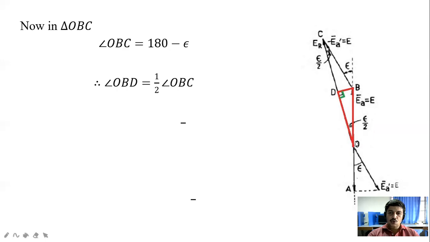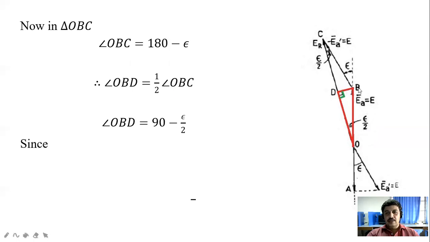Therefore, angle OBD is half of angle OBC, because this is a perpendicular bisector. So angle OBD is equal to half of 180 degree minus epsilon, or 90 minus epsilon by 2.